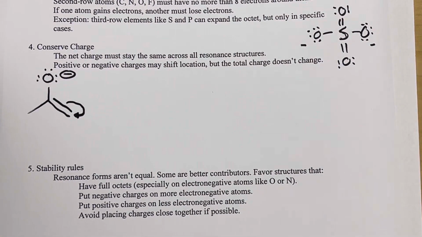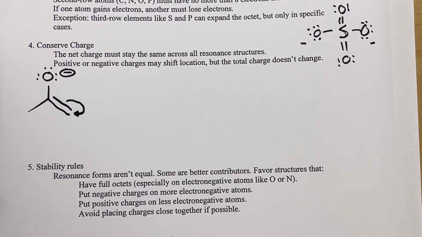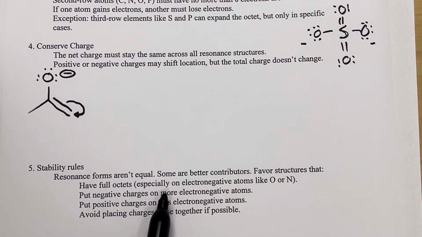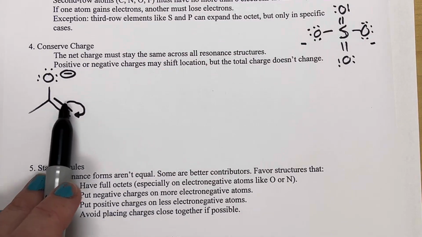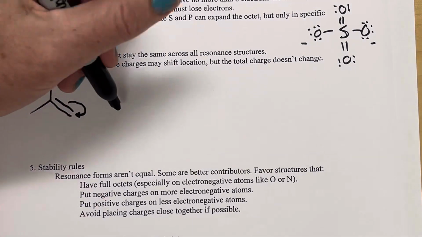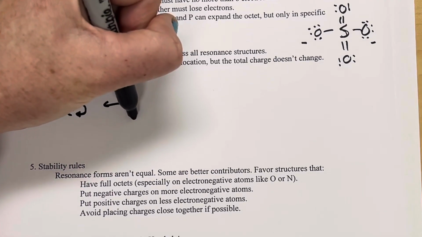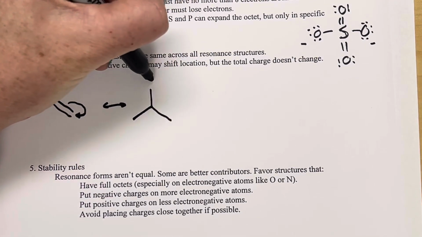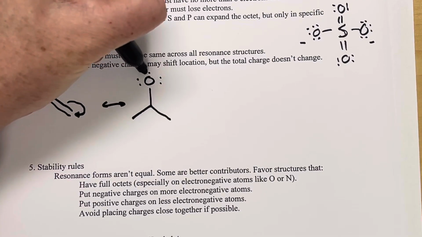It's not the most stable thing in the world, as we'll learn with the stability rules, because you're putting a negative charge on a less electronegative atom. We're purposely putting a negative charge on a carbon here, meaning it's not stable, but it can be done.